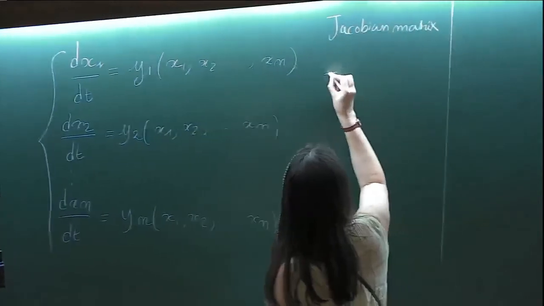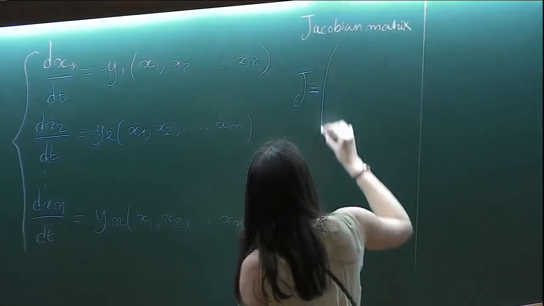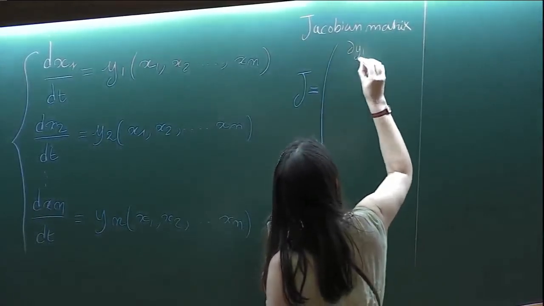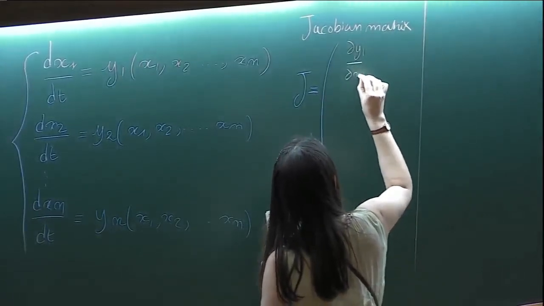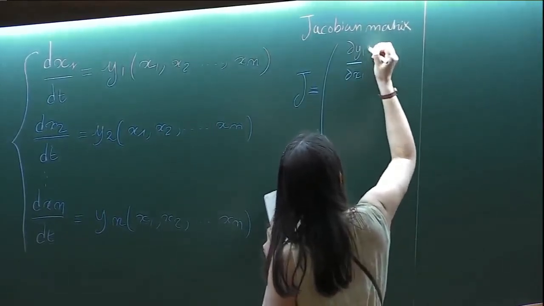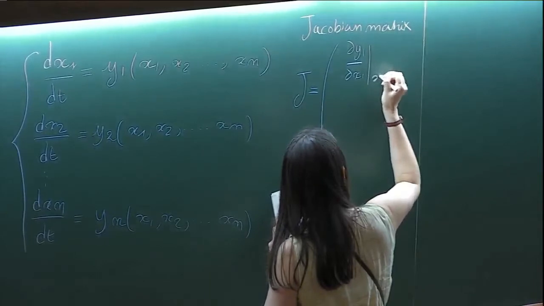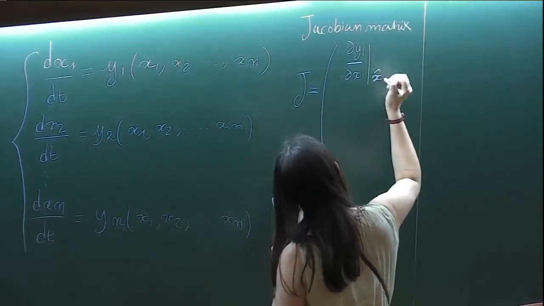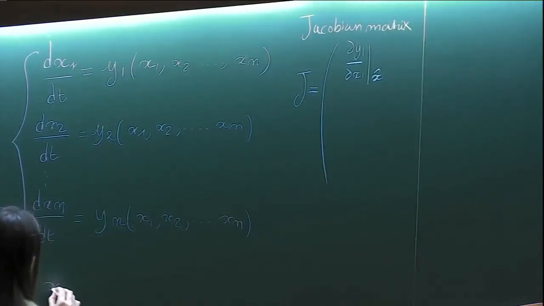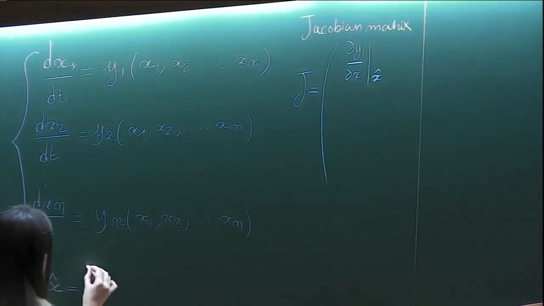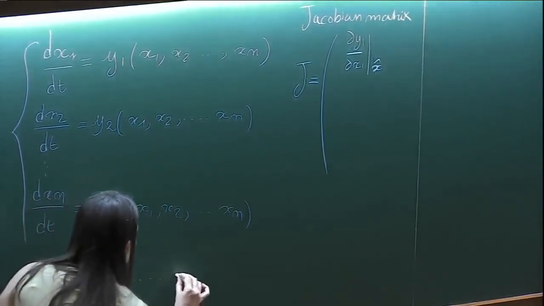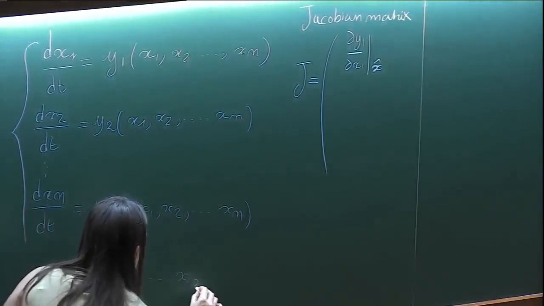This Jacobian matrix contains partial derivatives, so I will call x bar the set of values of all my state variables at equilibrium.